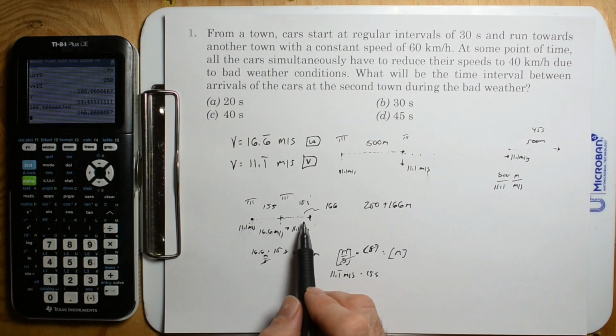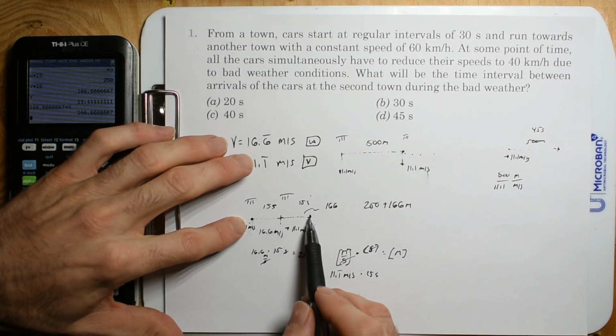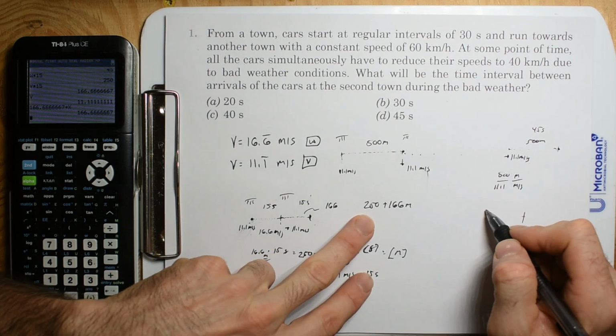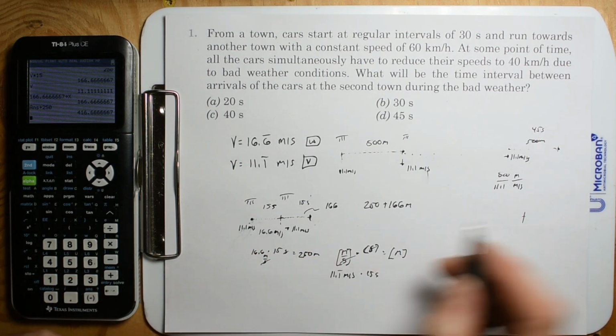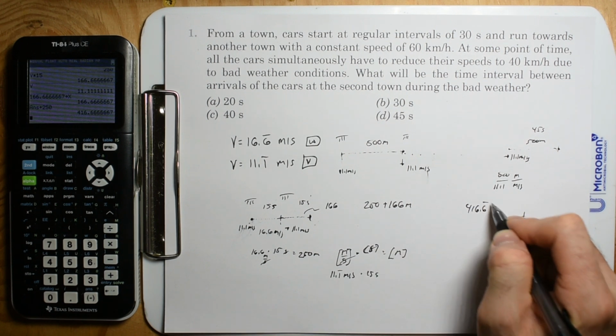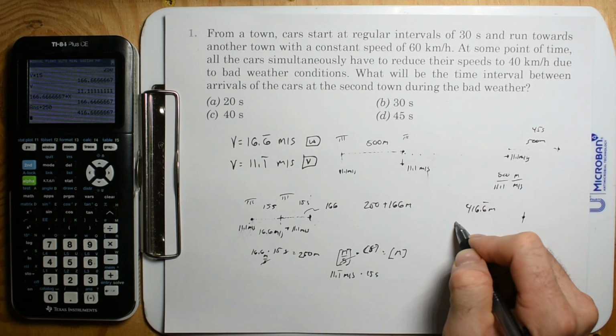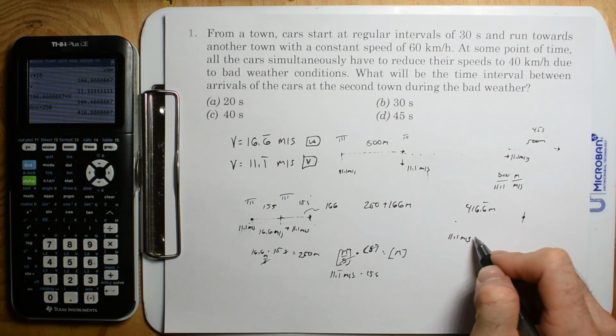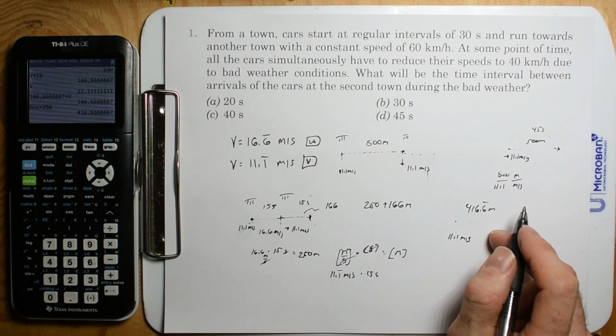And then, okay, so when these two cars get to the finish line, they have this distance of 250 plus 166.6, 416.6 meters apart. This one crosses the finish line. This has a speed of 11.1 meters per second. So the time value is going to be different.